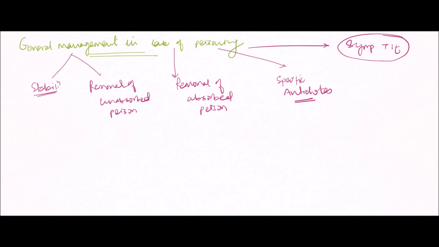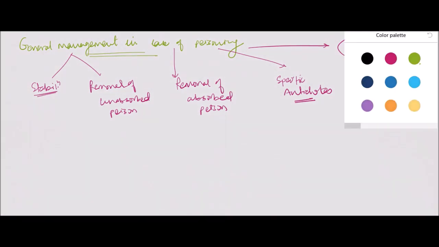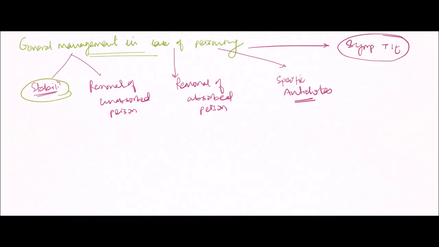So in this step of stabilization, we'll go for A, B, C, and D. A stands for airway maintenance, B for breathing, C for circulation, and D for CNS depression.